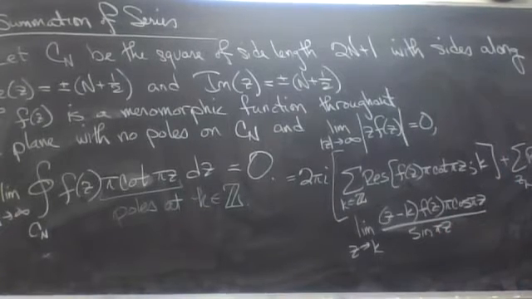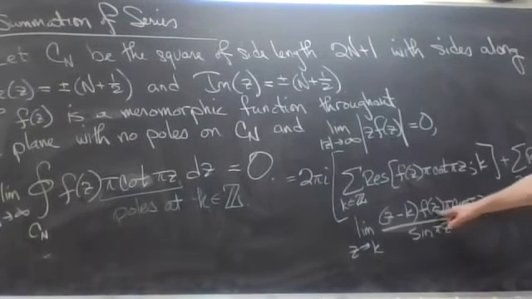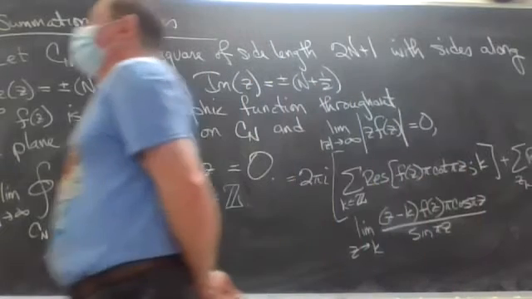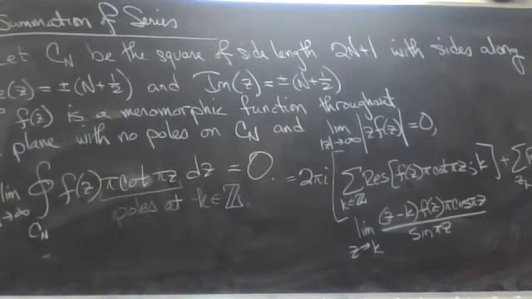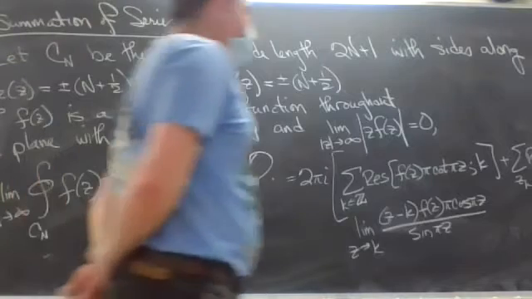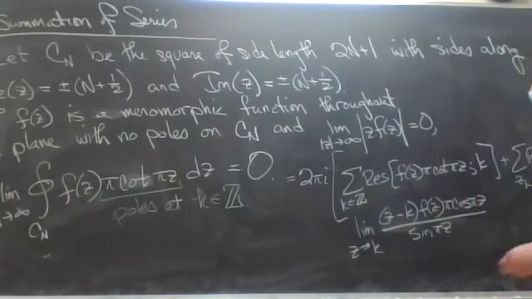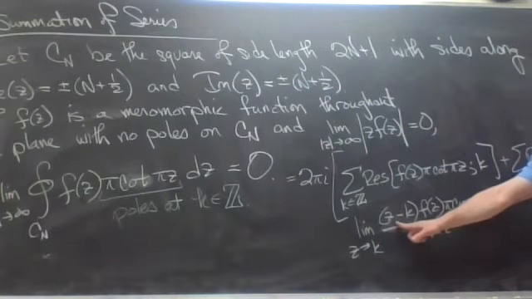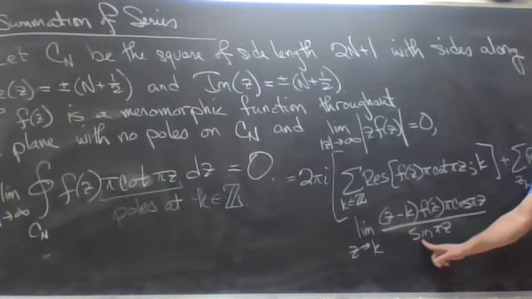All right? And as long as F is analytic at K, we can now do this limit by using L'Hopital. I'll take the derivative of the numerator, where it won't contribute unless I take the derivative there. And I'll take the derivative of the denominator.